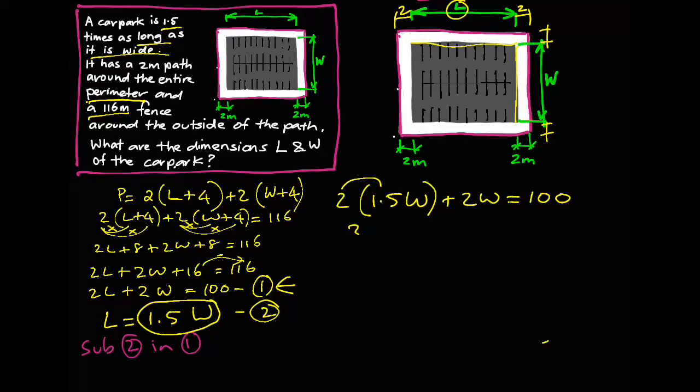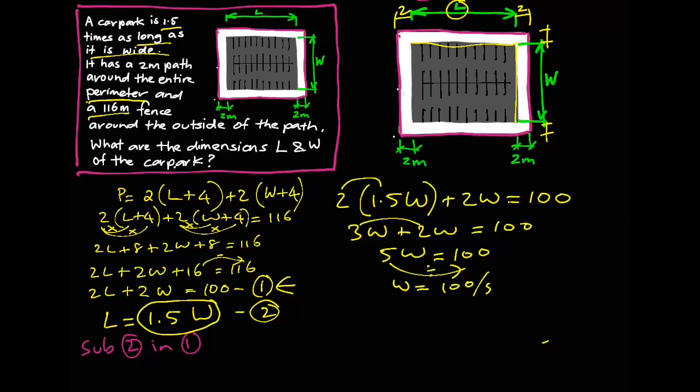Expand that out, so that's 3W plus 2W equals 100. 5W, because we can add these as like terms, equals 100. Bring that over to divide, which gives us W equals 100 divided by 5, which is equal to 20 metres.